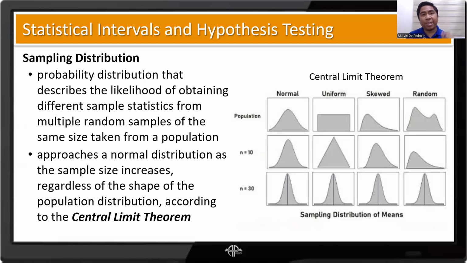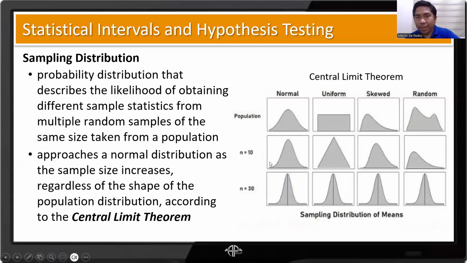Okay, when a sampling distribution approaches a normal distribution as the sample size increases, our sampling distribution from our population will become more and more normal, as the sample size increases.